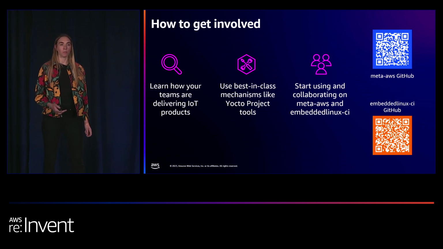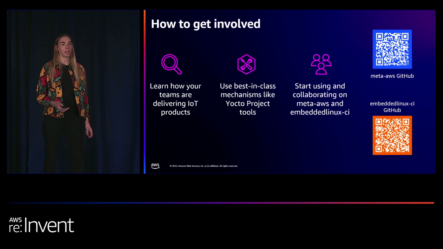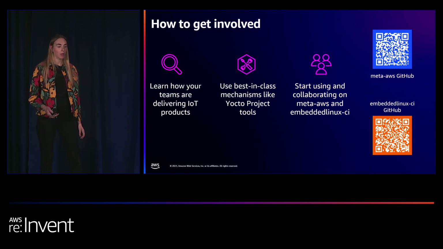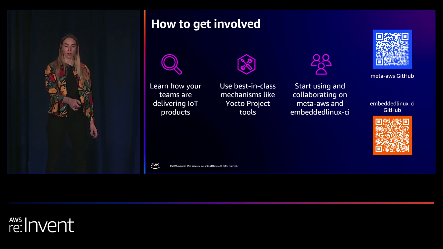See if those tools would be of use and help to you in speeding up your processes by using the cloud. We have the GitHub repos here in the QR codes.